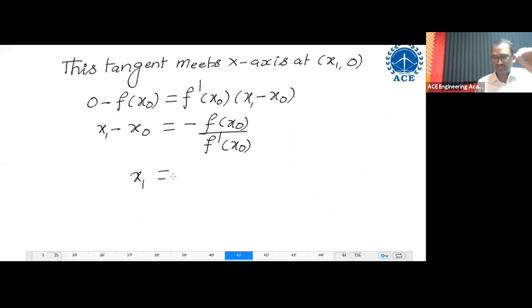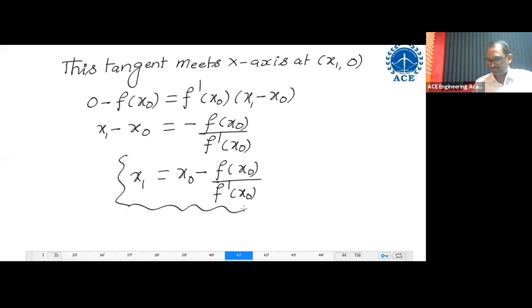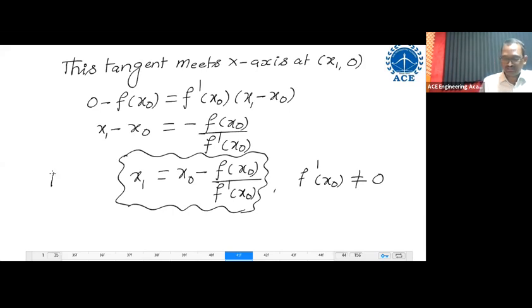From this, x1 is equal to x naught minus f of x naught by f dash of x naught. But this formula is applicable only when f dash of x naught is not equal to 0.